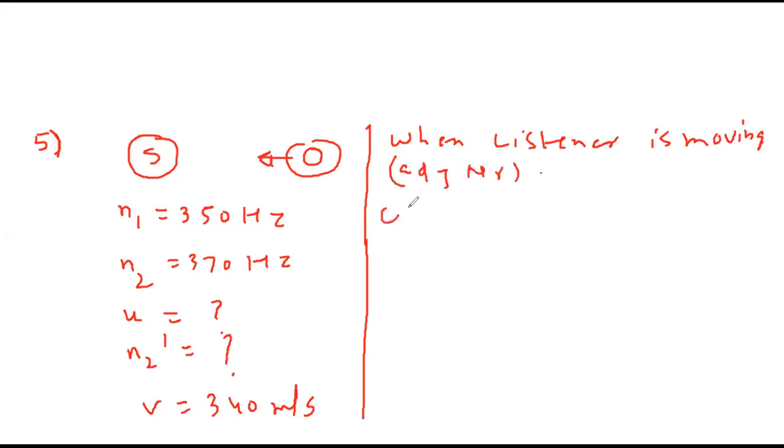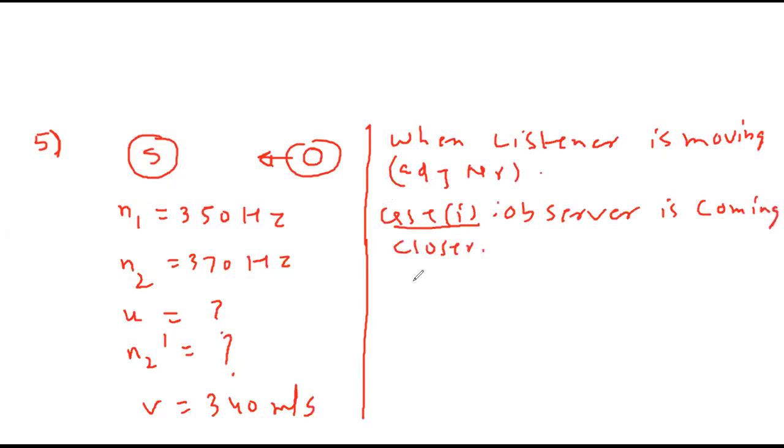So for case 1, the observer is coming closer. If he is coming closer, then apparent frequency will be greater than actual. To adjust this, first you have to write in normal form V upon V, then adjustment. This you have to remember because derivation we don't have in syllabus.